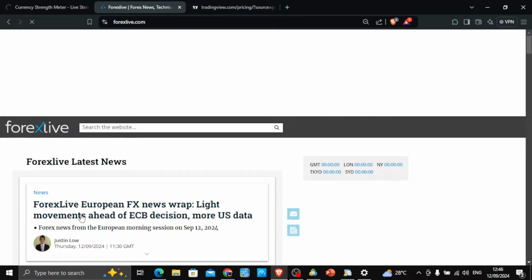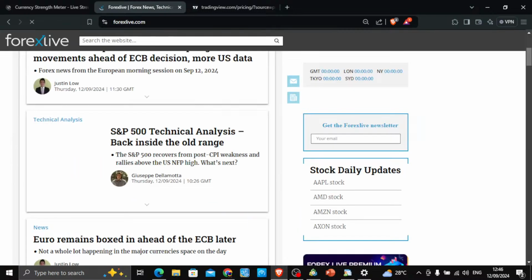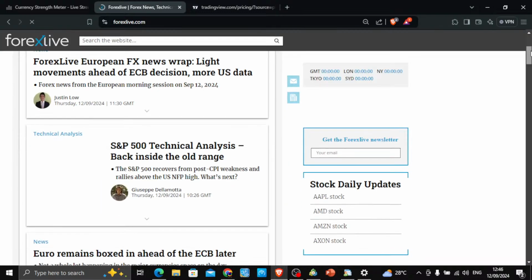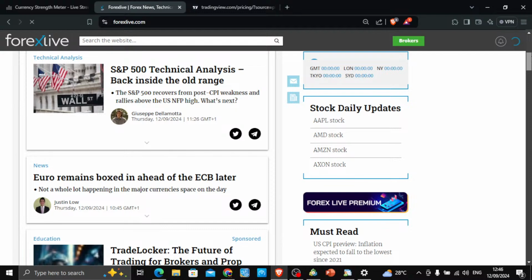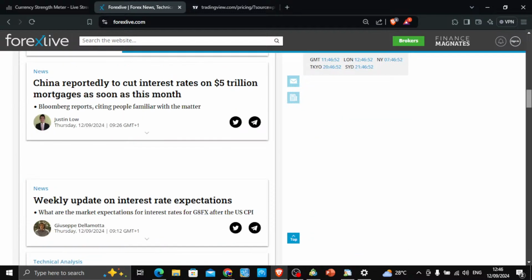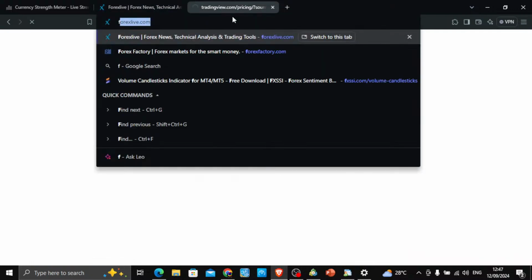It says Forex Live European FX News light movements ahead of ECB decisions. More US data. Let's open it and get more insights from it, since Forex Factory has refused to open. Open the Forex Factory again.